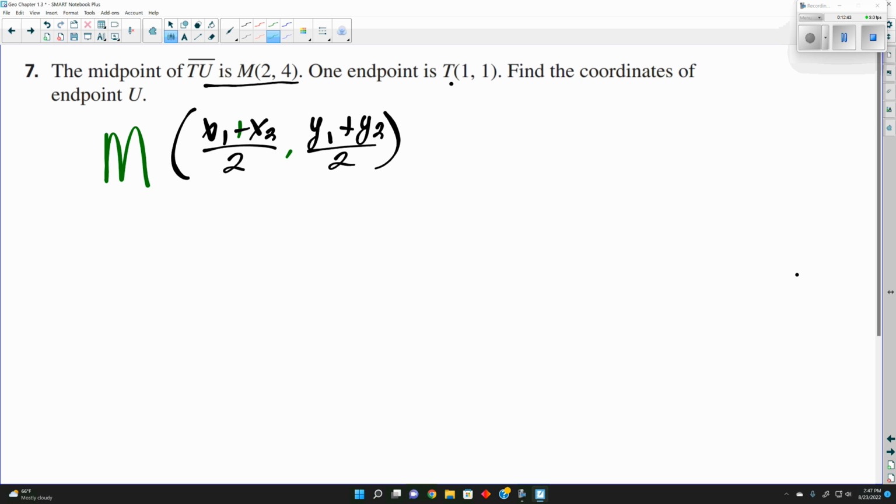And it told us one of the endpoints is 1, 1. So for the x values, we know that the 2 x values of the endpoint added together and divided by 2 will give us the x value of the midpoint. And the x value of the midpoint in this case is 2.